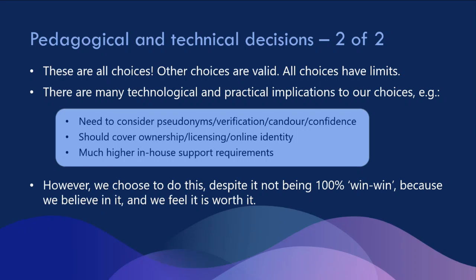We had to cover a lot of the practicalities that come along with that, and a lot more in-house support. But as I've said, we think it's the right thing to do, but we don't want to pretend like it's a perfect option which makes everything better in every way, because that would be open washing and that would lead us to overlook practicalities and risks.